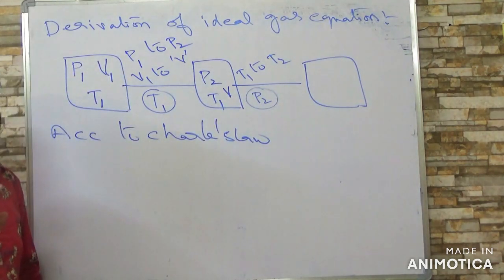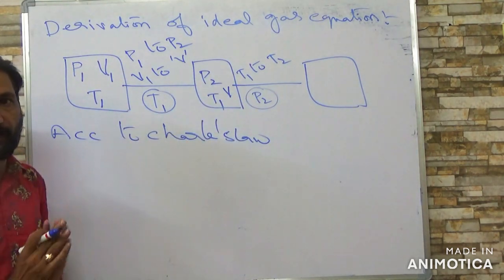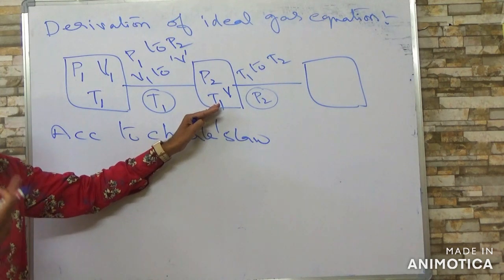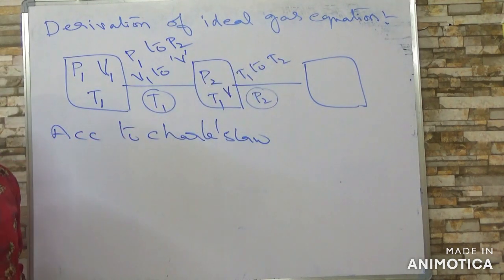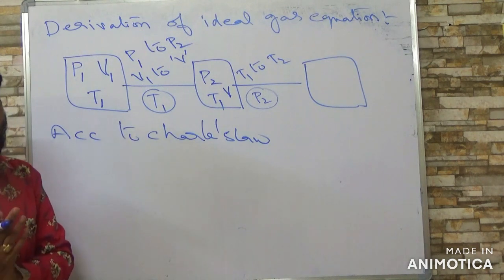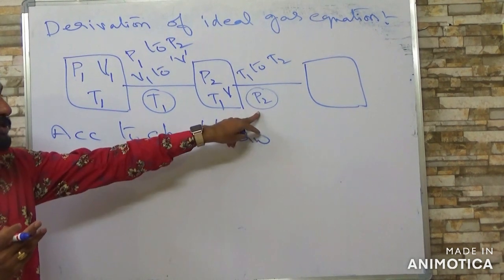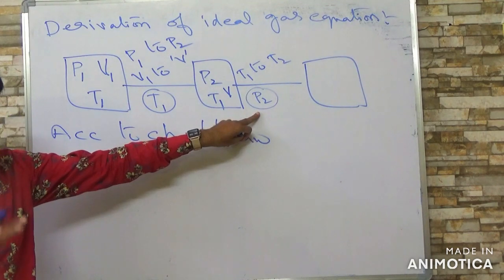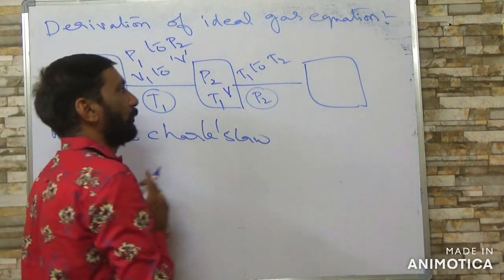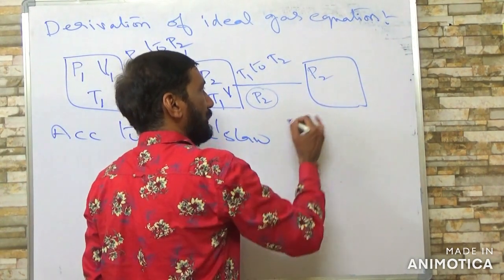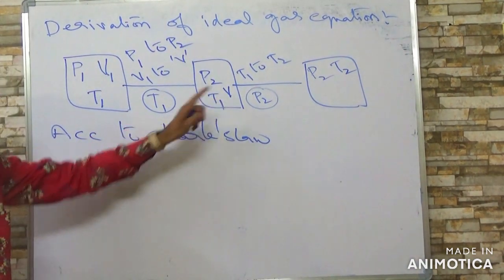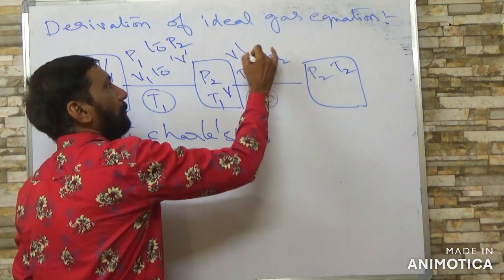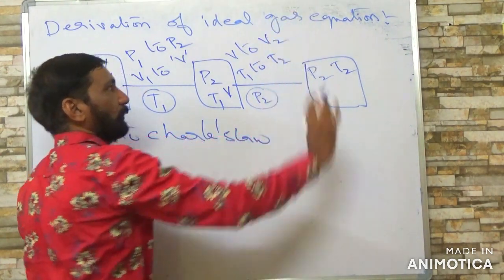Now you are not changing the pressure; pressure is maintained constant. You are heating the gas from temperature T1 to T2. Thereby its volume changes, because there is no scope for pressure, which is kept constant. So pressure is constant, temperature changed to T2, and thereby its volume changes from V to V2.